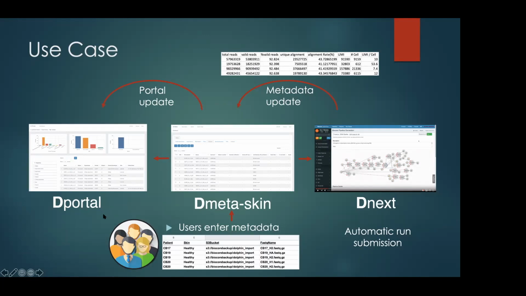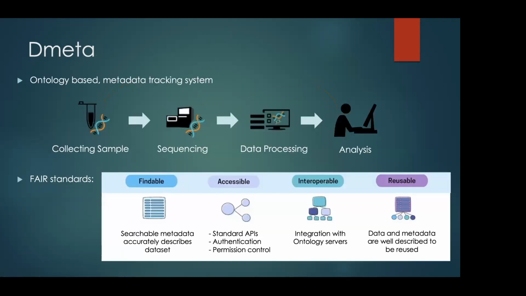But if some people actually belong to both communities, they can access both data. So we have different licensing and different permissions in the same projects. And how we are doing this, from collecting samples, sequencing, data processing, and analysis in this whole cycle, is that we created the whole system in FAIR standards, which stands for findable, accessible, interoperable, and reusable.